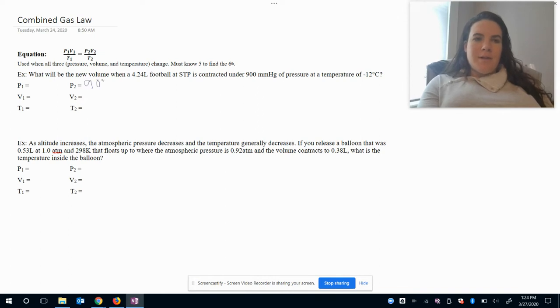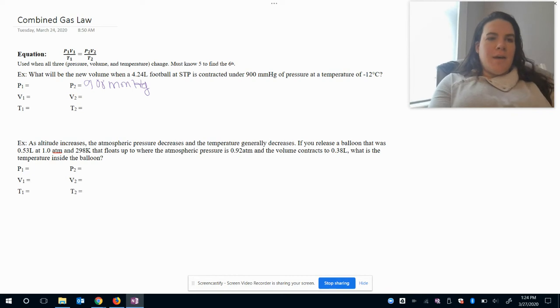So we got 900 mmHg, which means that our first pressure at STP has to be in mmHg as well, which is 760. Volume, we know before is 4.24 liters.